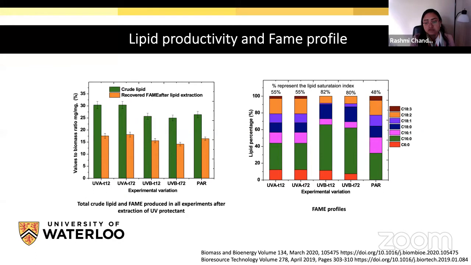That concentration was higher in UVB. So the lipid productivity was higher in UVA, but the good kind of biodiesel productivity was higher with UVB. So UVB is good in both ways: for pharmaceutical active products like MAAs, and for biodiesel productivity with a saturated biodiesel content.